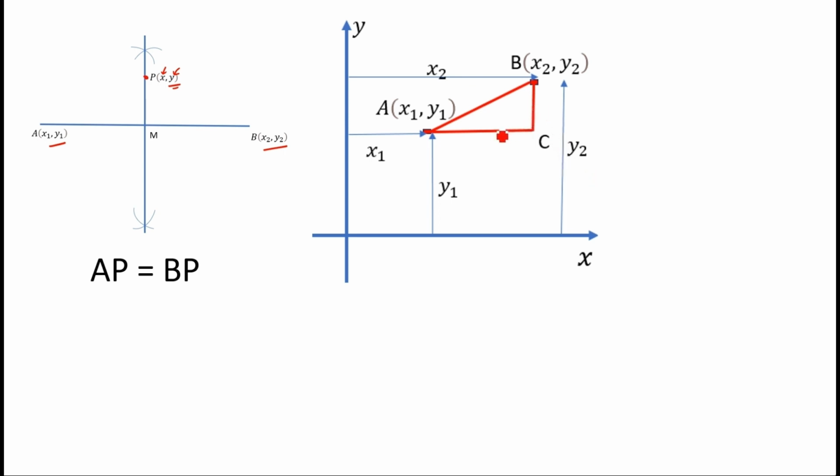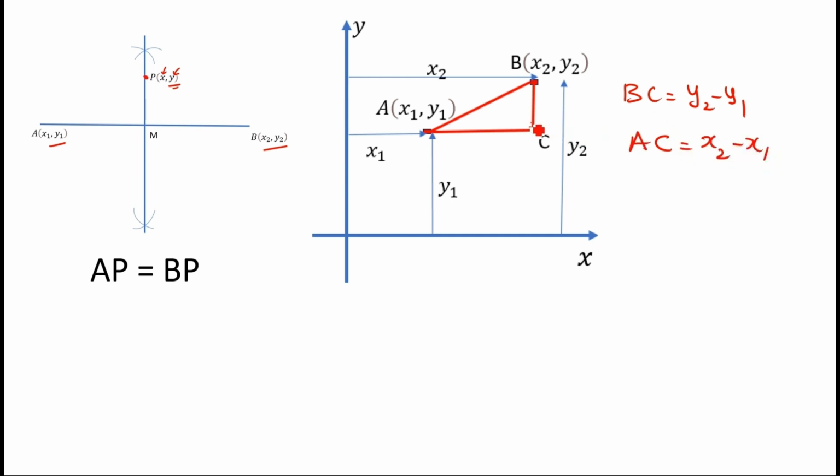We draw a line parallel to the x-axis and a line parallel to the y-axis, and the meeting point is point C here. What is the distance BC? The total distance y2 minus y1. So BC equals y2 minus y1. Similarly, AC is the total distance x2 minus x1.